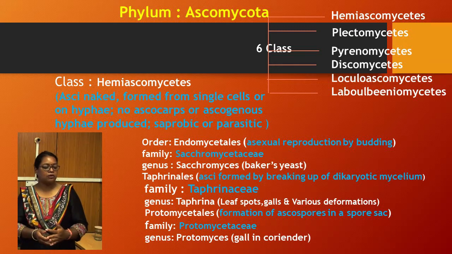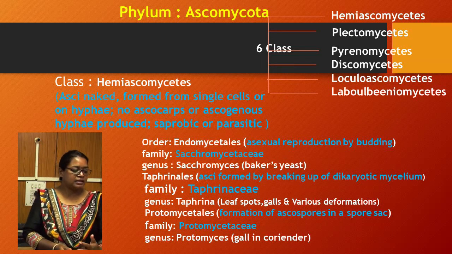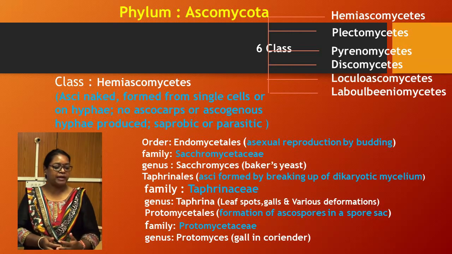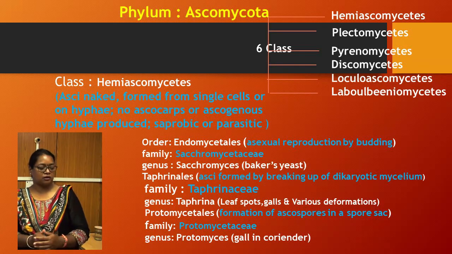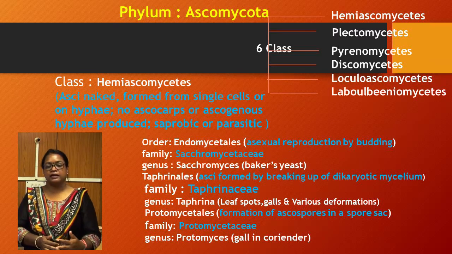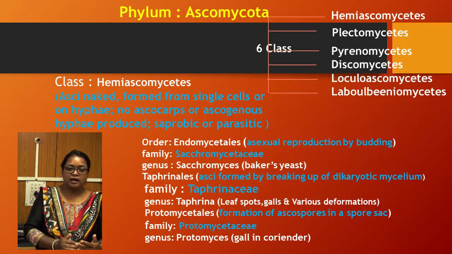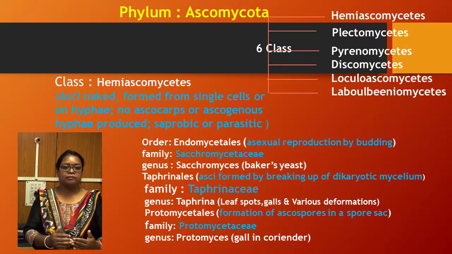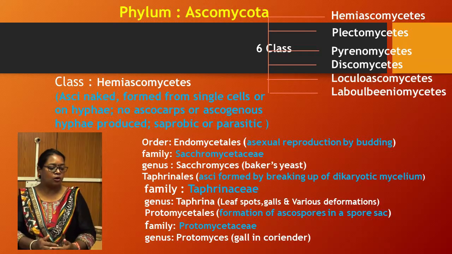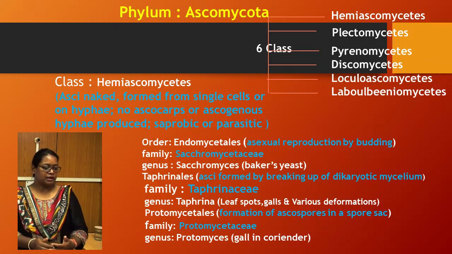The second important order is Taphrinales. In Taphrinales, asci are formed by breaking up of dikaryotic mycelium. The order Taphrinales contains the family Taphrinaceae, having the genus Taphrina, which causes many leaf spots, galls and various deformities in host plants.